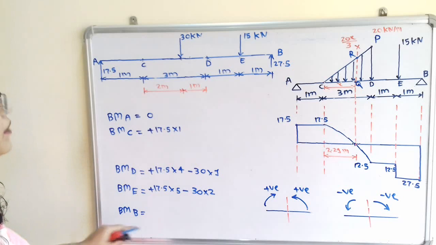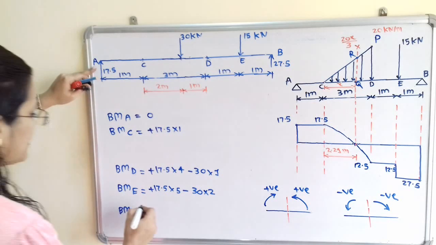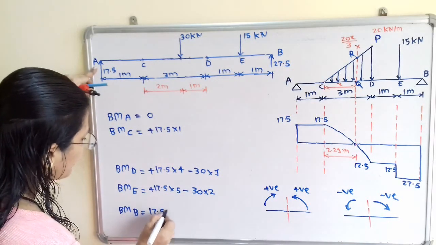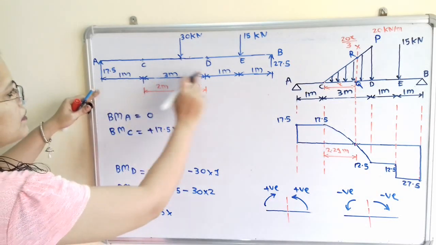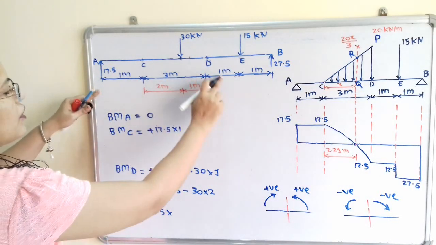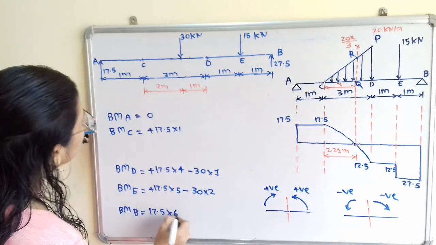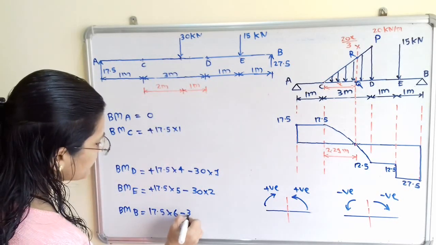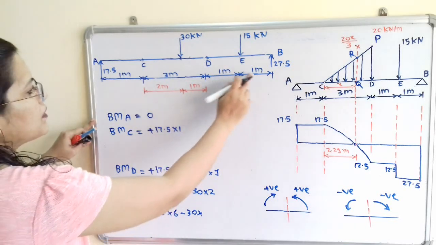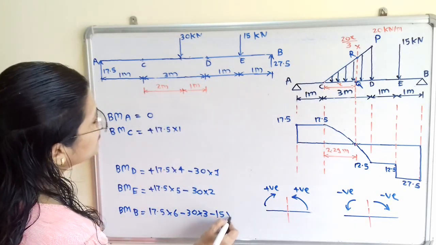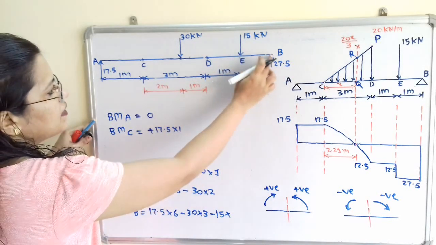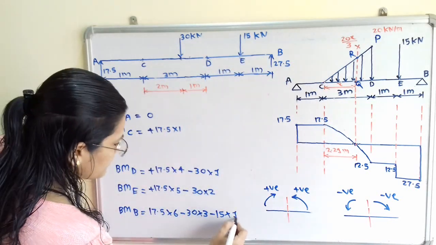Now next bending moment about point B. So again I will take 17.5 multiplied by total distance, 3 plus 1 plus 1 plus 1, that is 3, 4, 5, 6. Then minus 30 multiplied by distance 1 plus 1 plus 1, that is 3. Then minus 15 multiplied by the distance in between EP, that is equal to 1.